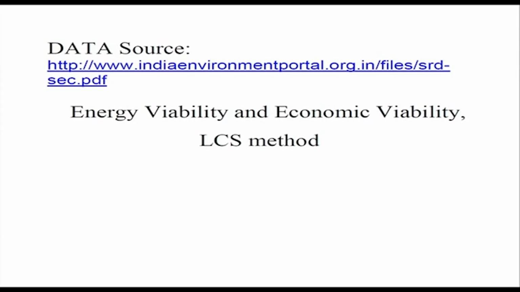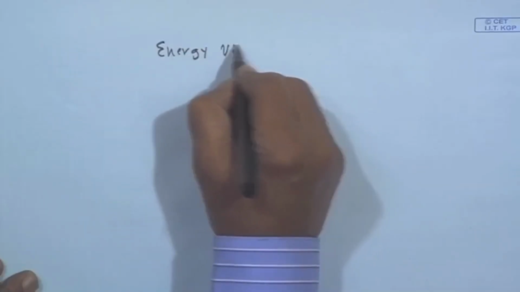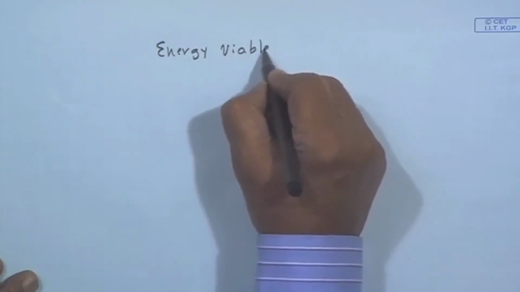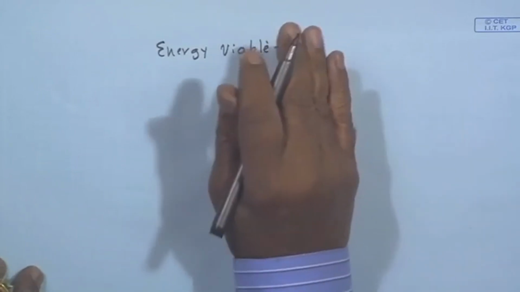Then we considered energy viability, that is, during the lifetime of any alternate energy system, you should be able to save that much of energy that has been used in making the system and its components.